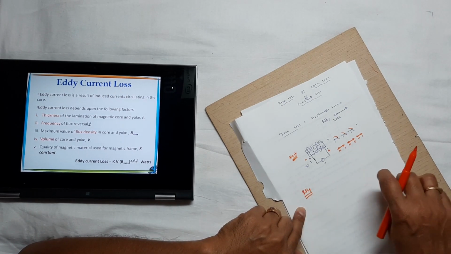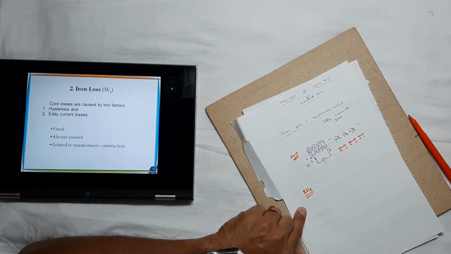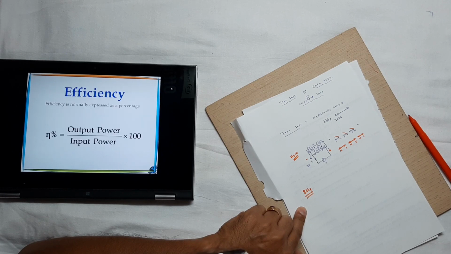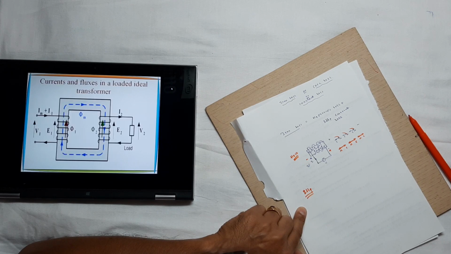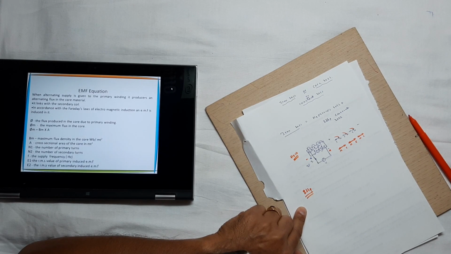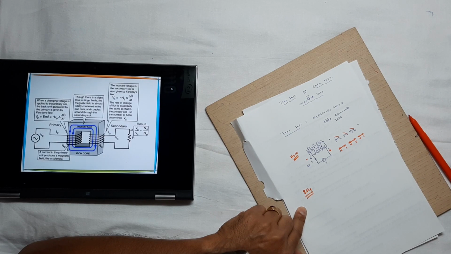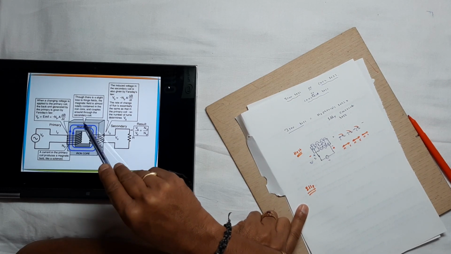What do you mean by the eddy current loss? I'll elaborate this with the help of this diagram. Okay, this is the magnetic core.